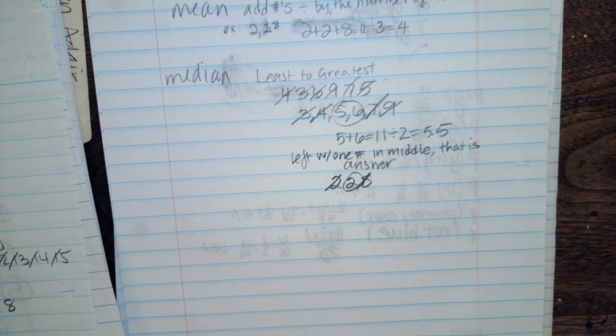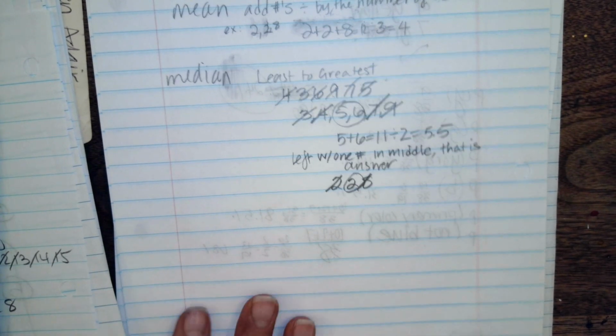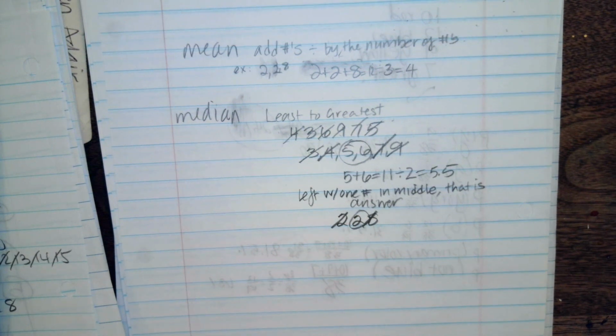Most of the time, when they say what is a better measure of the data, if you have to guess and you can't see it, mean is almost always the best predictor of the average.